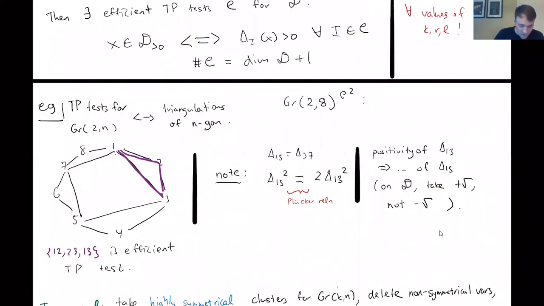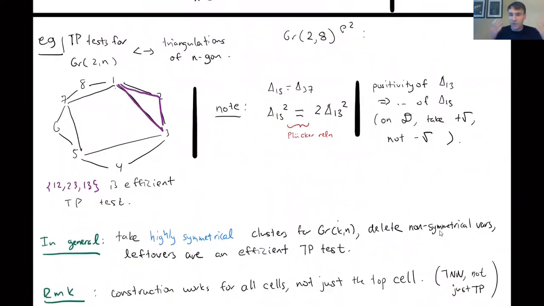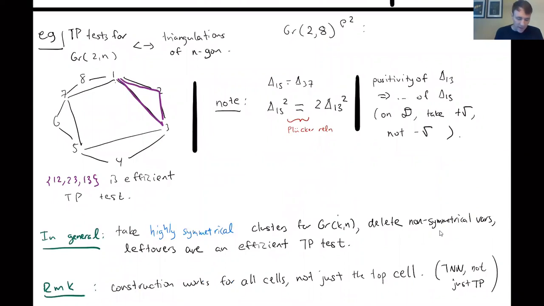And the assertion is that this procedure works in general. So I can exhibit, by a nice construction, highly symmetrical clusters for the Grassmannian, meaning as symmetrical as you possibly could get, which I can precisely state. These won't need to be completely symmetrical, and you just delete the non-symmetrical guys.